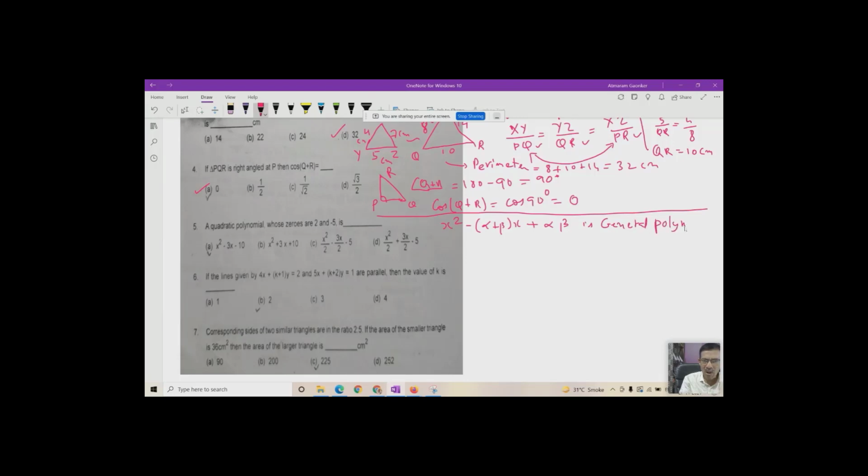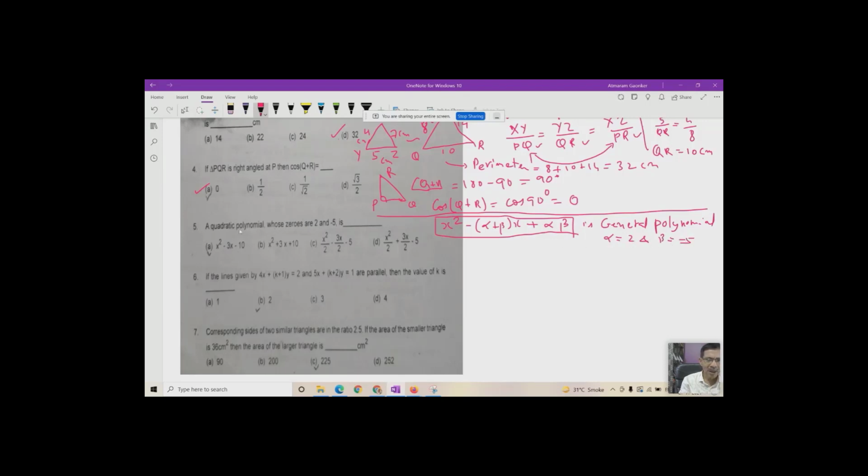And those who don't know this formula, please note down this formula. This formula is useful in writing the general polynomial. And now here alpha and beta are given. Alpha is given as 2 and beta is given as minus 5.